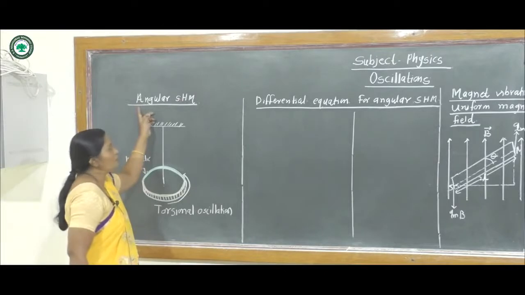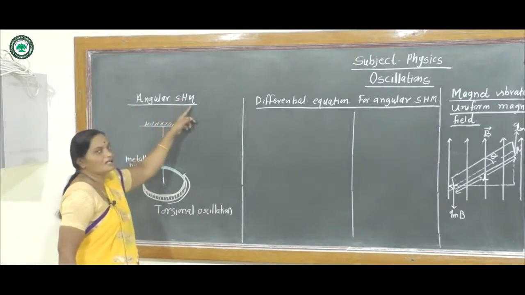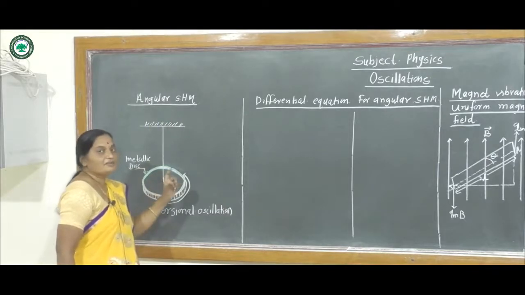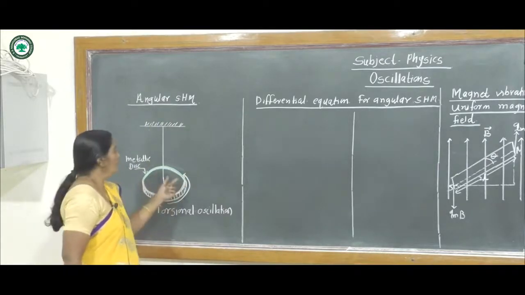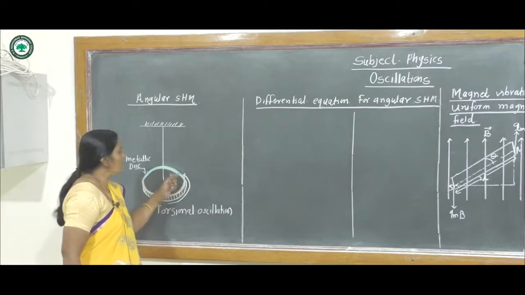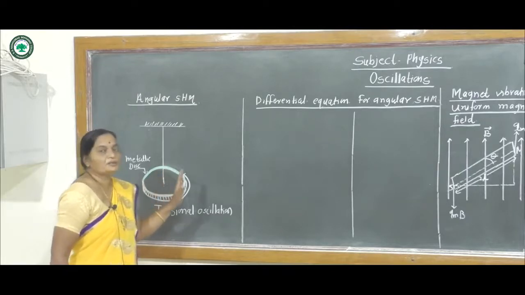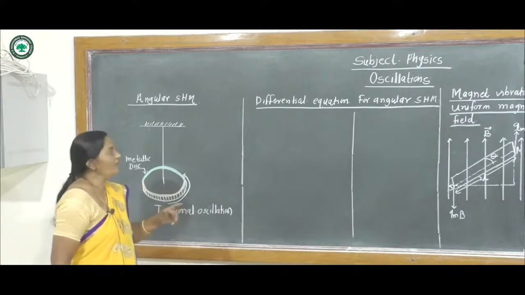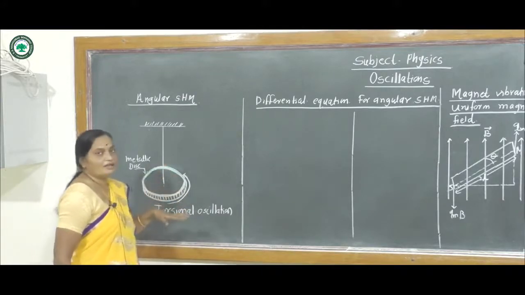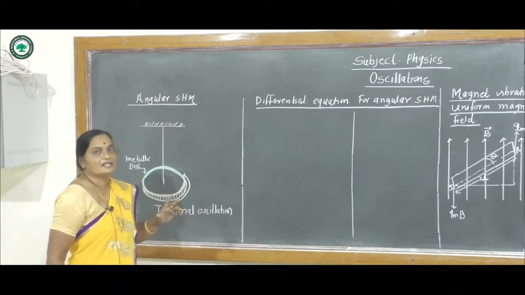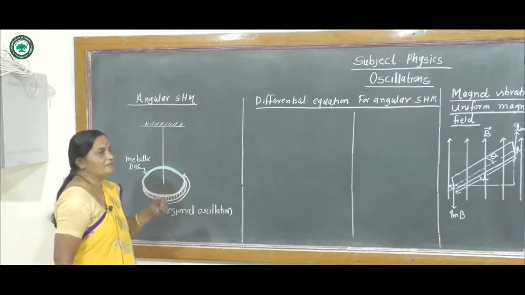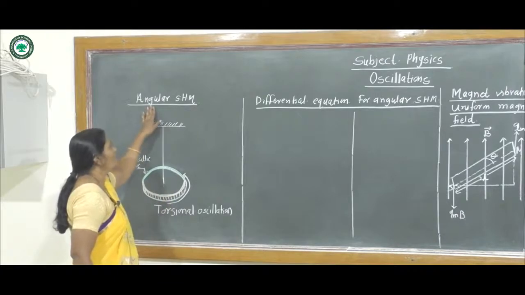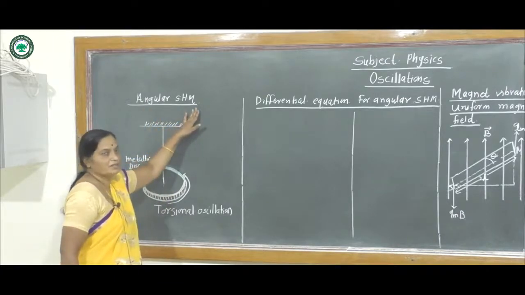If this metal disc is twisted through some angle, it rotates about the mean position to and fro through a small angle theta, and these oscillations repeat after a definite interval of time. These oscillations are angular simple harmonic motion.